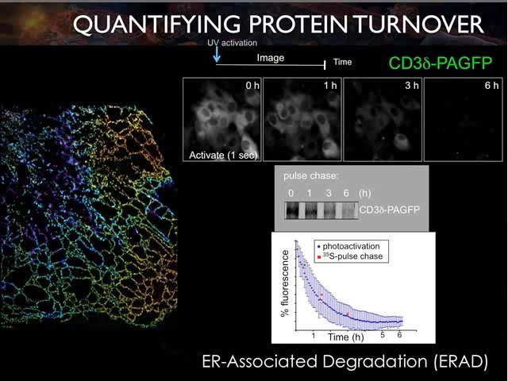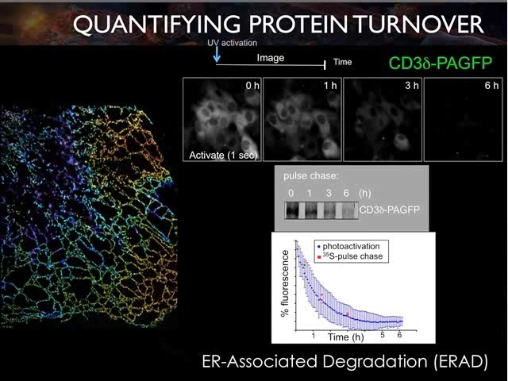Now, if we photoactivate cells that are expressing CD3 delta with a photoactivatable GFP at time 0, as shown in the time sequence starting at 0, one can switch on all the molecules that reside in the ER at that particular time, and then you can follow the fate of those molecules over the succeeding time periods out to 6 hours.